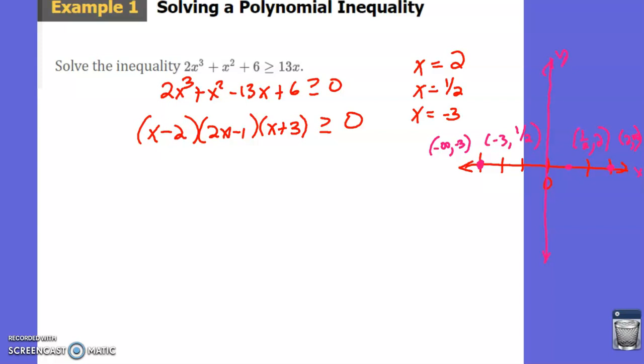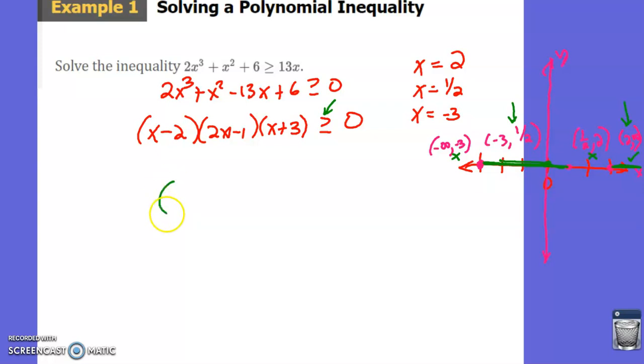If you test a point in each interval, for instance if you plug in 0, you're going to end up getting something that's positive, and that's greater than or equal to 0. So you see that interval works, this interval does not work, this interval does not work, and this interval does work. So you can see the final answer, because we're trying to find out what will satisfy it.